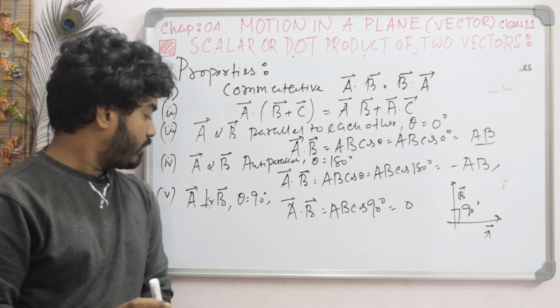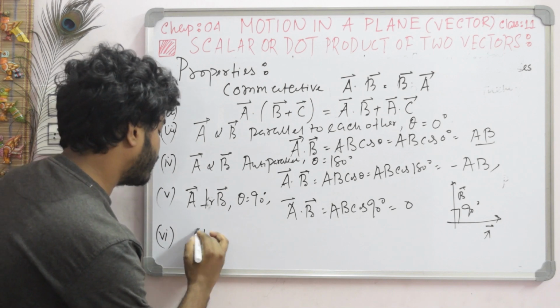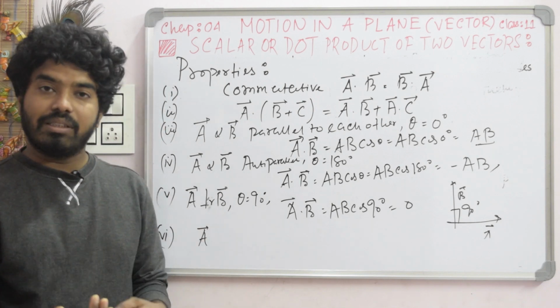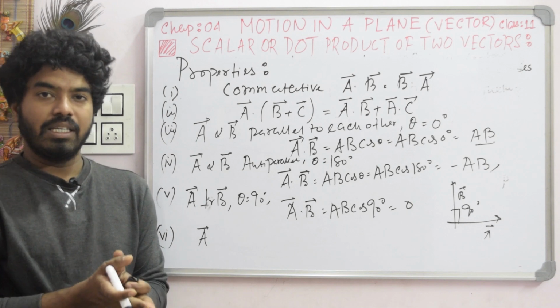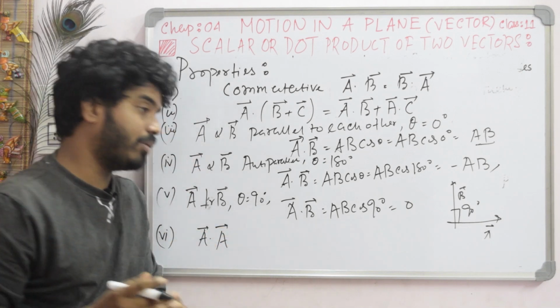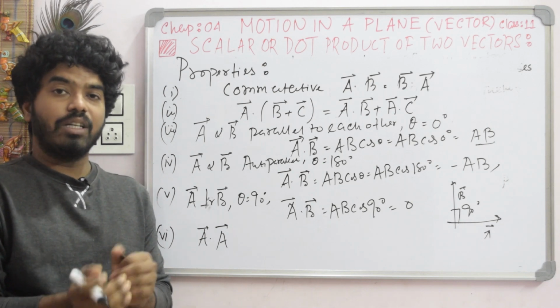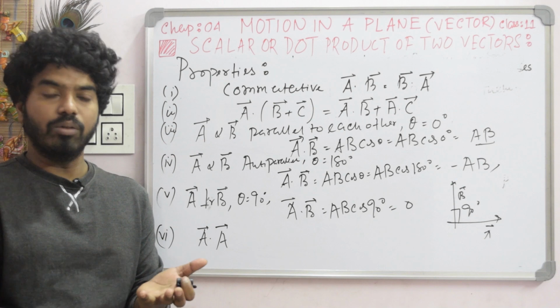Okay. Now, another one. Suppose vector A is multiplied with itself, the dot product of a vector with itself. That means vector A dot vector A. What will be the value?